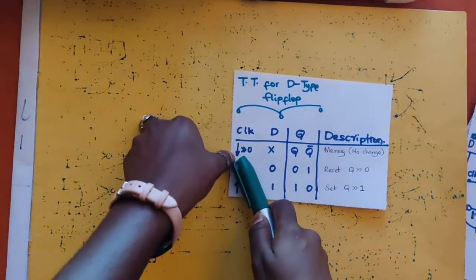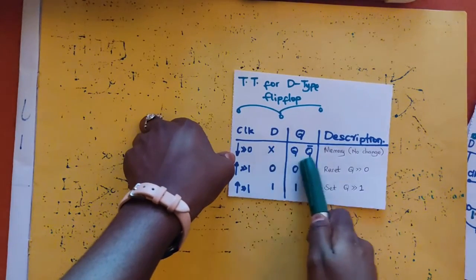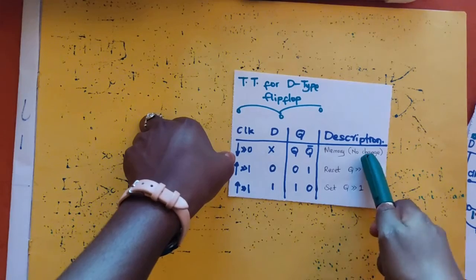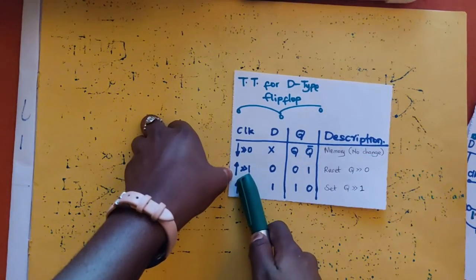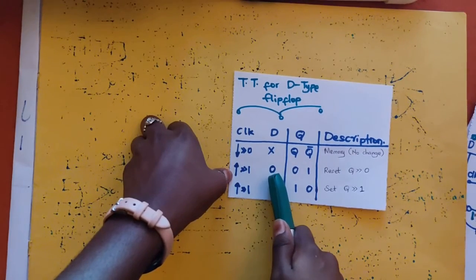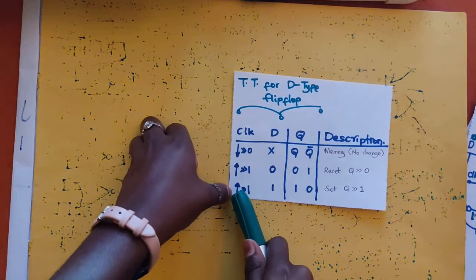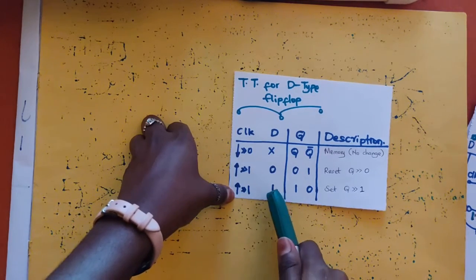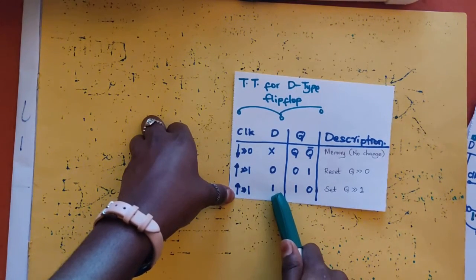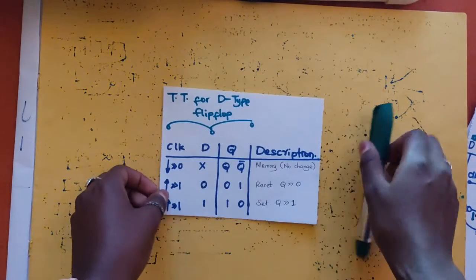Whenever our clock is low, it doesn't really matter the input. The output will remain to be what is in memory. Whenever the clock is high and the input D is 0, then we are resetting. Whenever the clock is high and the D input is 1, we are setting. This is the D-type flip-flop.